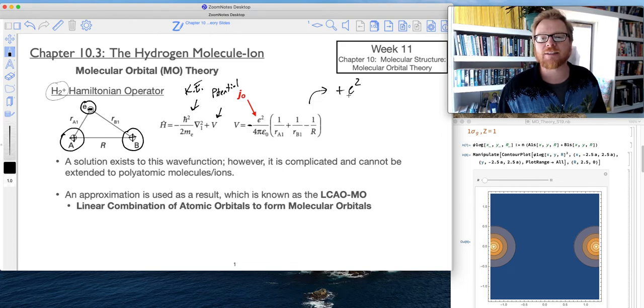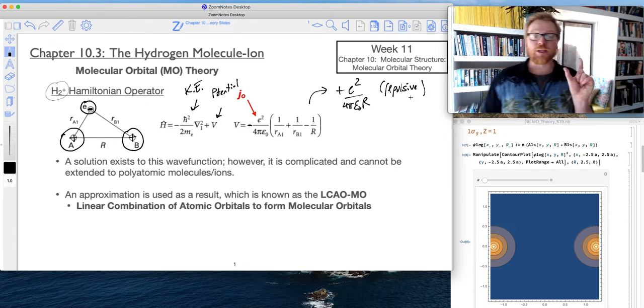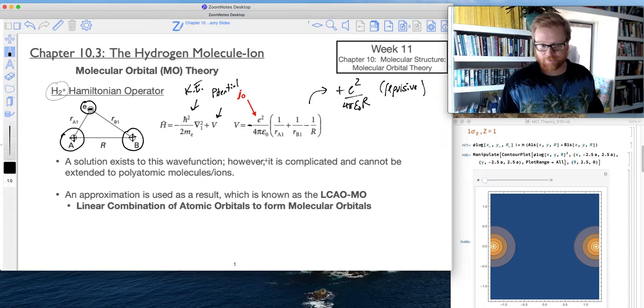I'm going to get a positive e squared over 4 pi epsilon naught over big R, which you can see right there. And that is the repulsive term between the two positively charged nuclei, okay?